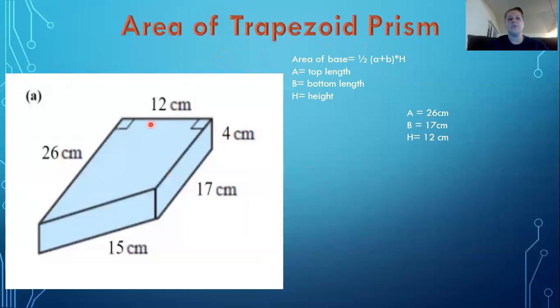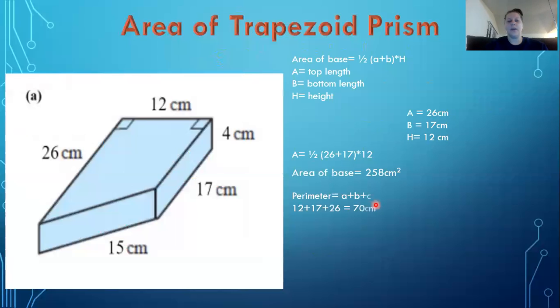We were wanting this 12 centimeters, because again, when we turn it sideways and stand it up on this side, we're not worried about this part or this part. We're just wanting to know this trapezoid right here. So our height is going to be 12 centimeters. When we plug these numbers into our equation, we get the area of the base of 258 centimeters squared.